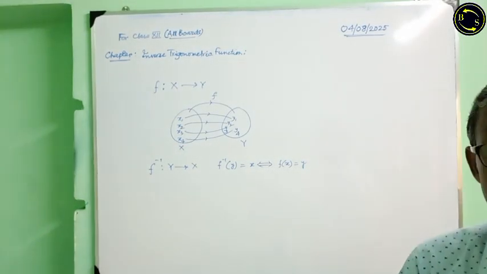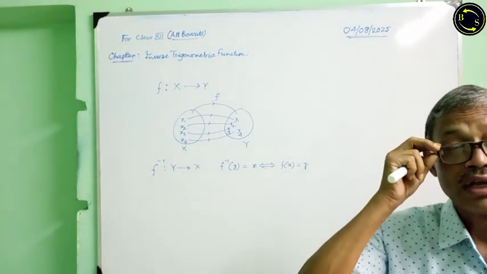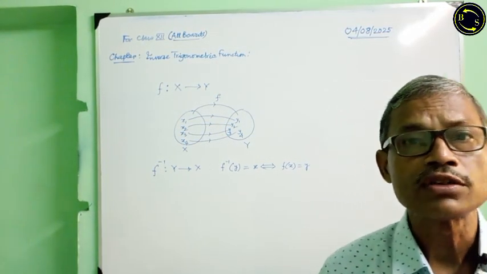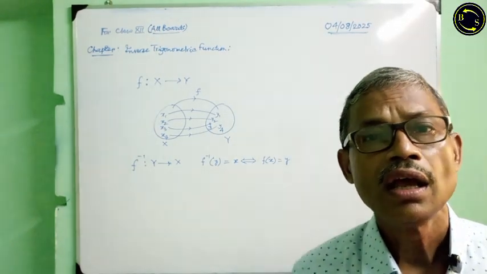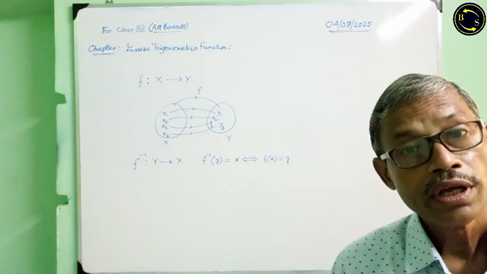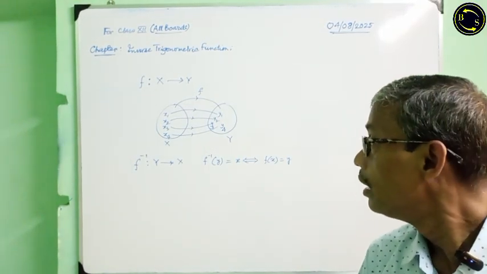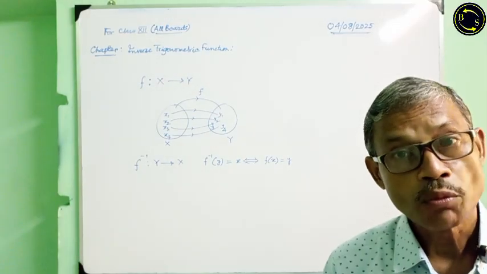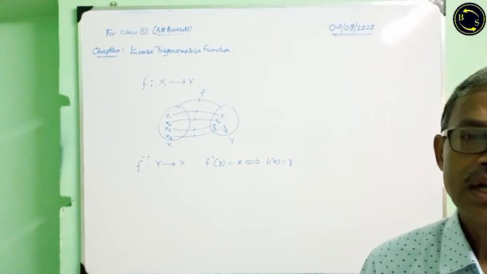Now, in case of trigonometric function, we have seen that in general trigonometric functions, sine function, cos function, tan functions, etc. are not invertible in the domain, and the domain in general is the set of reals.